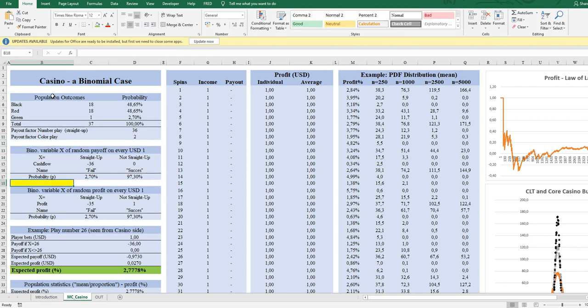Let's look at this basic setup at the casino table from a statistical point of view, and in particular we will look at the random payoff when you play straight up. I just call it SU, straight up. So a player plays on exactly one number.